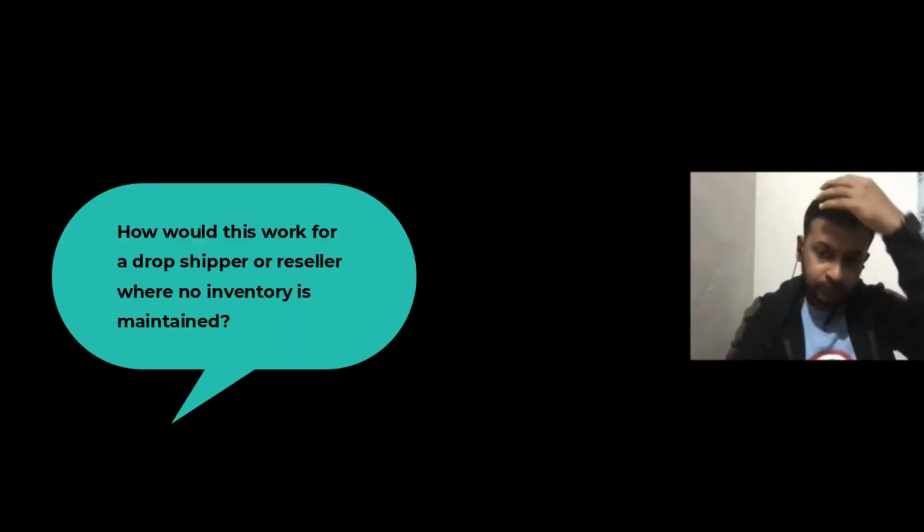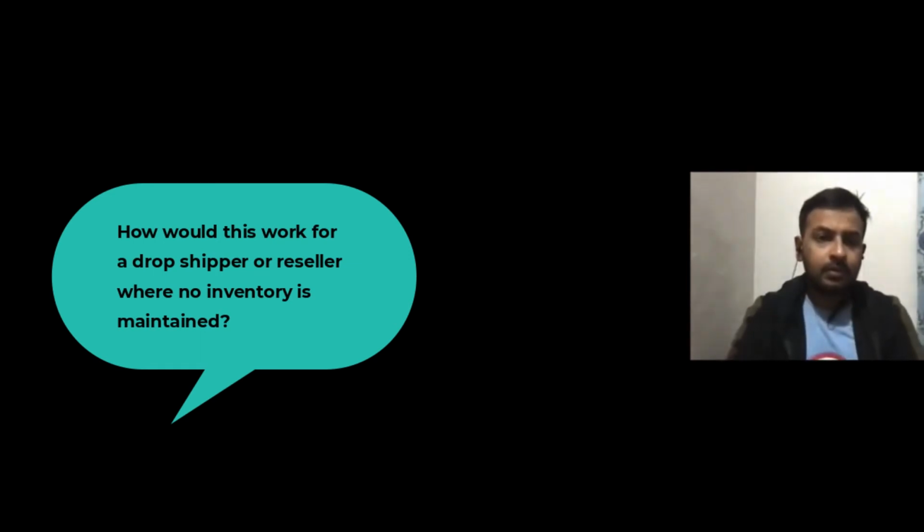All right. There's one more question. How would this work for a dropshipper or reseller who doesn't maintain an inventory? Of course. So we can do that. Let me just project that question. So Jonathan, you can definitely do that. This is done using the dropshipping option available inside Zoho Inventory.